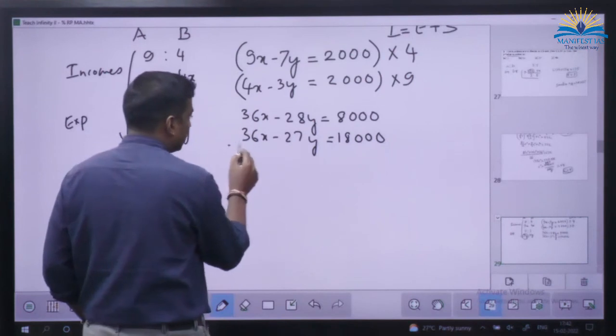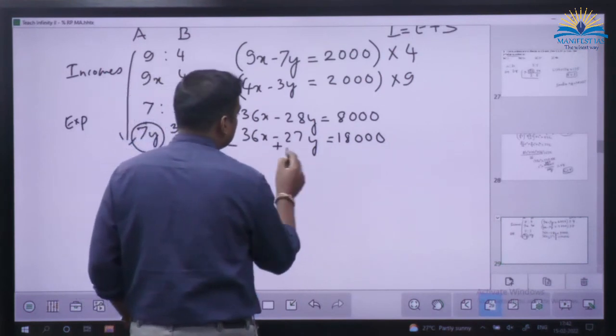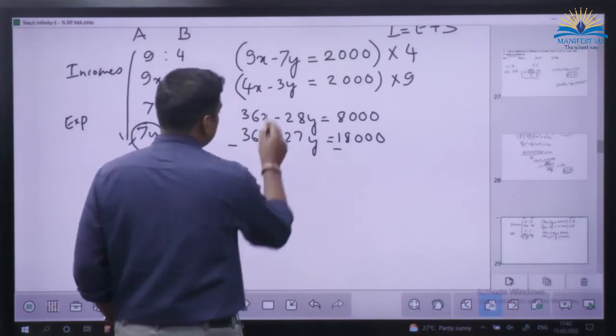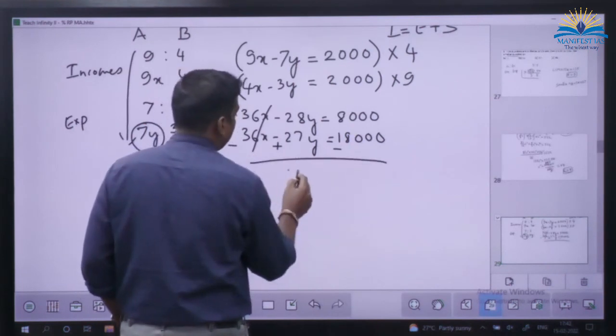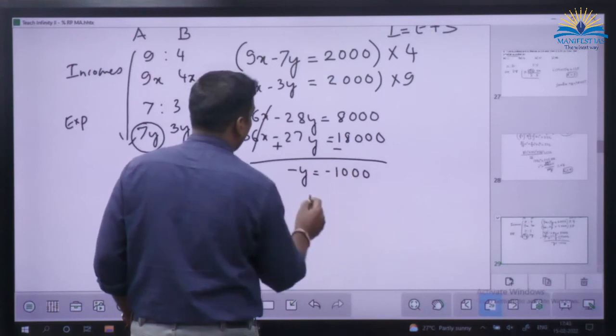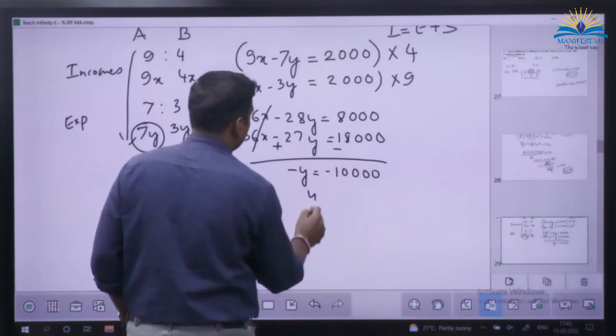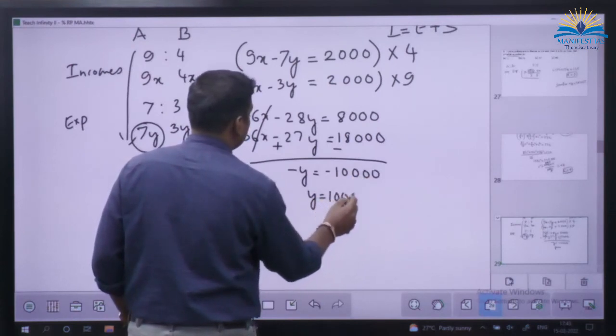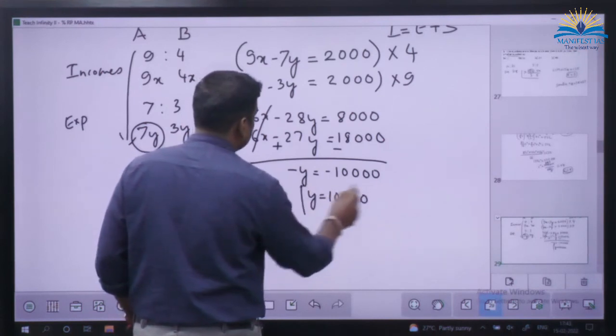Now you want to cancel this, so this will become plus, this will become minus. Minus y is equal to minus 10,000. Y is equal to 10,000. You have got y is equal to 10,000.